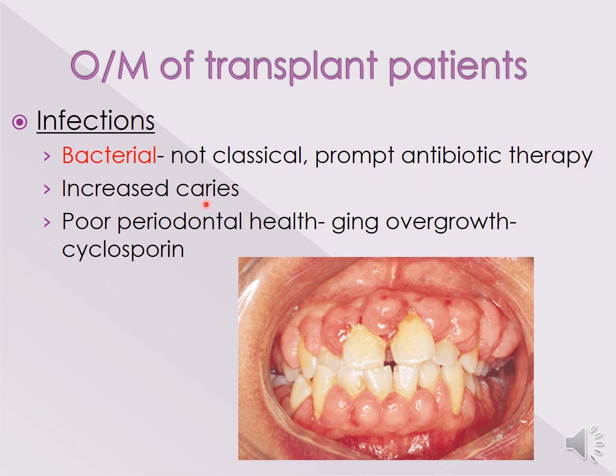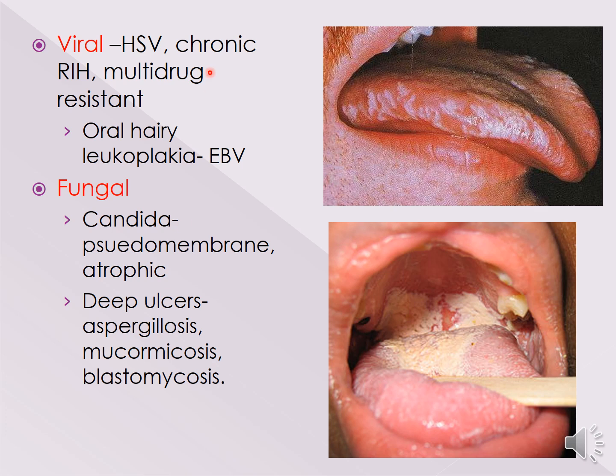There could be increased caries risk, poor periodontal health, and gingival overgrowth, for example with the use of cyclosporin. This is an image of a patient who's been put on cyclosporin, and you can see an extensive amount of gingival overgrowth. Cyclosporin is an immune suppressive drug. Examples of viral infections include HSV, chronic recurrent intraoral herpes, and multi-drug resistant variants.